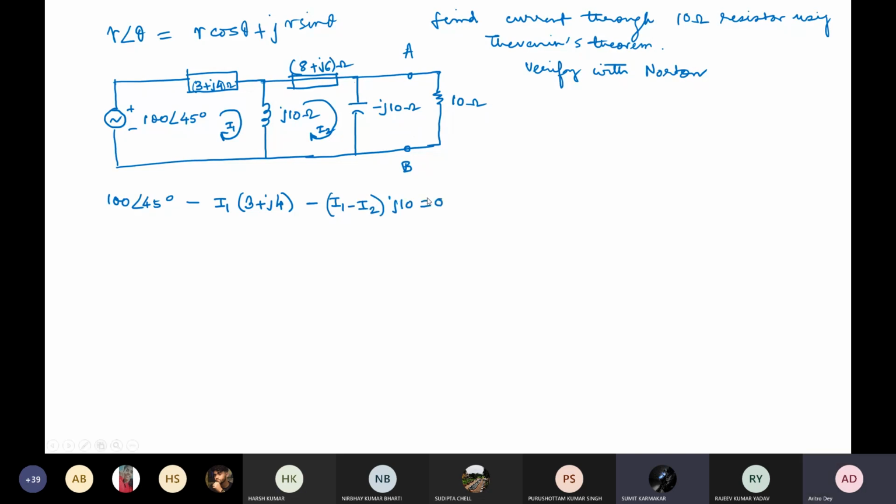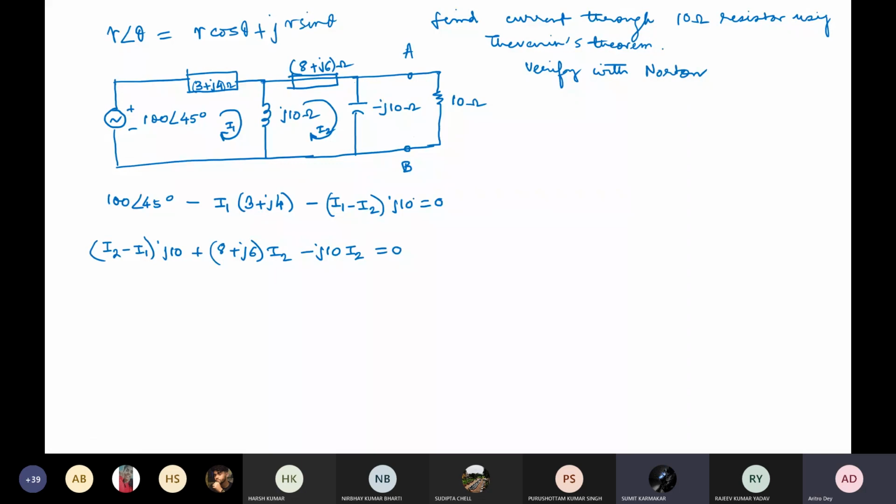In the next equation, we can write it as I2 minus I1 into j10 plus 8 plus j6 into I2 minus j10 into I2. This is open circuit, so no other current than I2. So it's like that only, equal to 0.